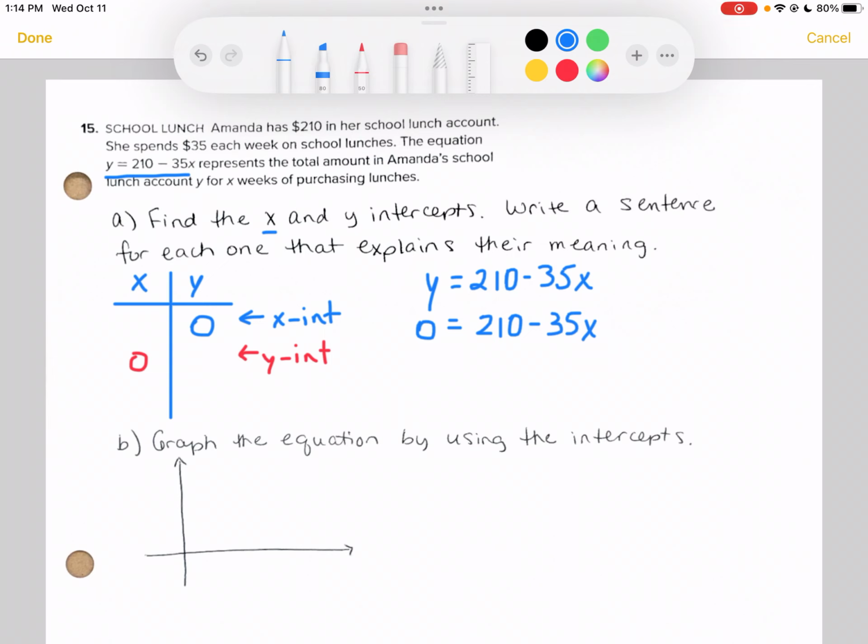I want to get the x's by themselves, so why don't I add the 35x across to the other side? 35x equals 210. Then I divide by 35, and x equals 6.